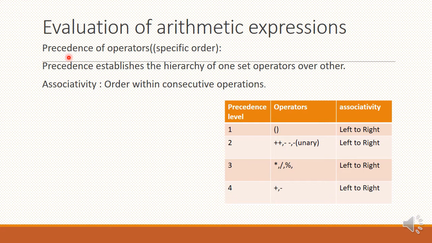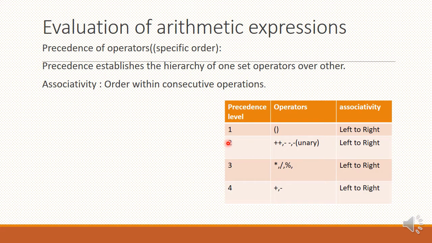Now let us move to the important point, that is evaluation of arithmetic expressions. For that you should know two important things, called precedence and associativity. What do you mean by precedence and associativity? Precedence is this: in arithmetic operators we have different operators, plus, minus, modulo division, and the increment and decrement operators also come here.